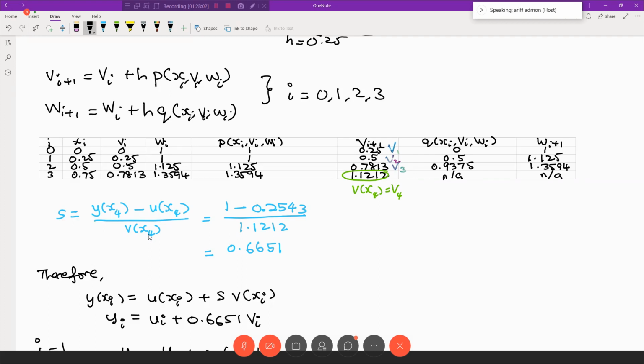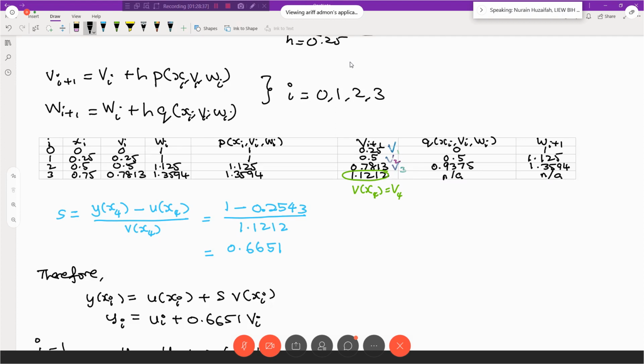Can we use x3 to find the value of S? Someone want to try? We have to look at the FN, but there is no value of y3.